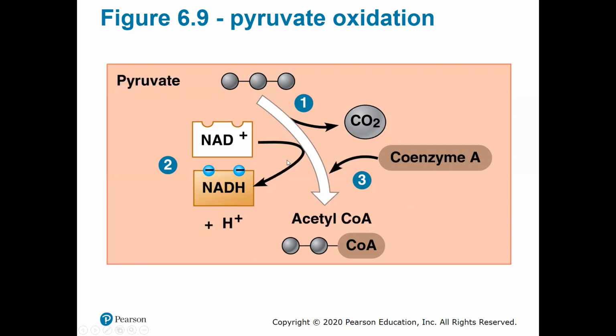NAD plus will gain a hydrogen, become an energy carrier molecule. And then the coenzyme A will bind to the 2 carbons that were left over and now create a molecule called acetyl-CoA. And this acetyl-CoA is what's going to be used in the citric acid cycle.